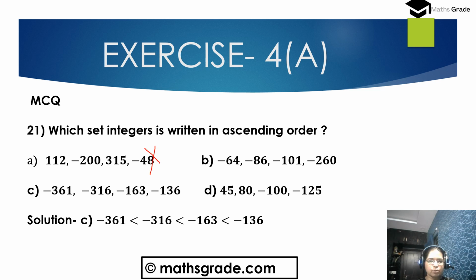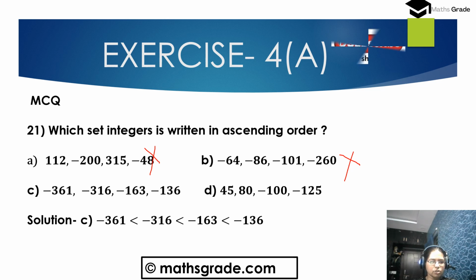Option D, minus 64, minus 86, minus 101, minus 260. This option is also incorrect, as minus 64 is the greatest negative integer in the set and minus 260 is the smallest negative integer in this set of integers. So this option is also incorrect. Third option C, minus 361, minus 316, minus 163, minus 136.